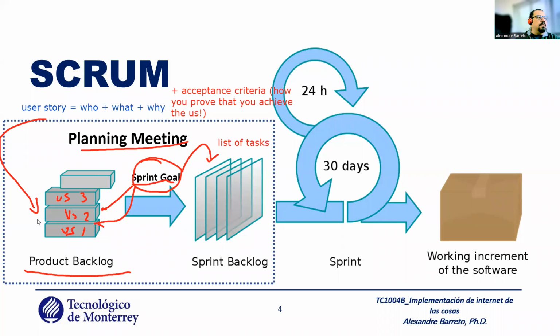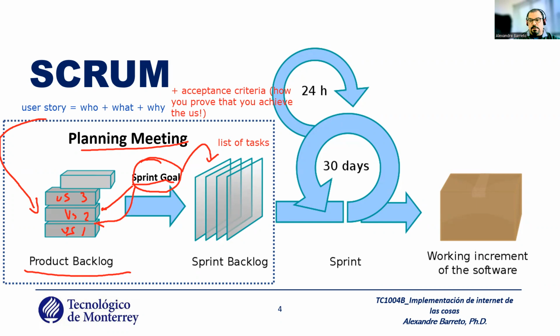I need to finalize the 2 user stories, and for these 2 user stories I need to have a list of tasks. For example, for user story 1, I need to define, clarify the user, and better define the requirements.